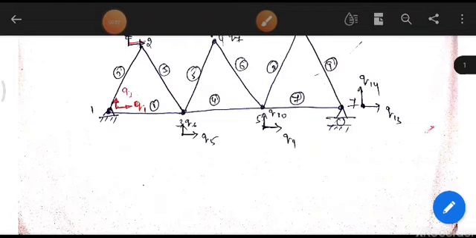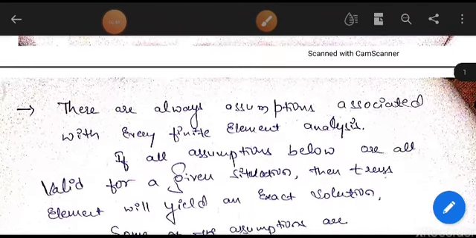Now we'll see the finite element analysis. If you want to analyze the truss, we have a certain set of assumptions. Whenever we solve a beam problem, we also make some assumptions. So in the FEM subject, to satisfy the conditions we should have some assumptions.